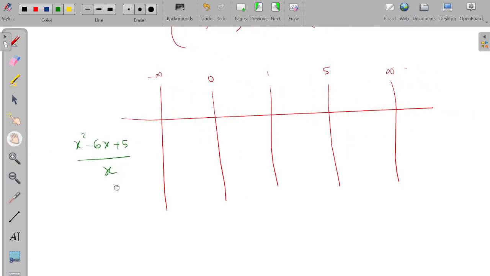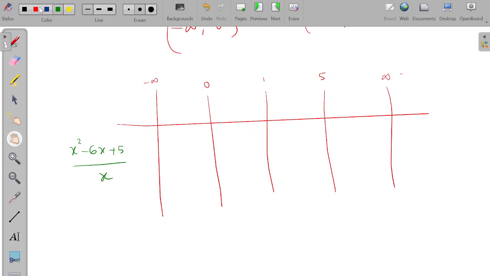Okay, so I need to pick a point in each interval and see which one will give me my sign. Let me pick -1. If I put -1 into this function, I will get negative.